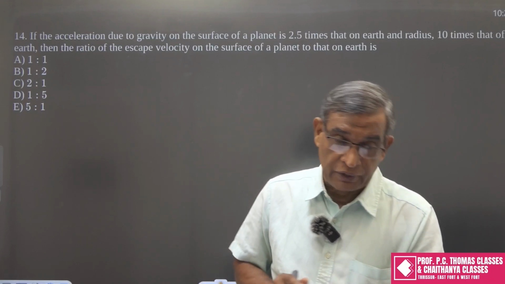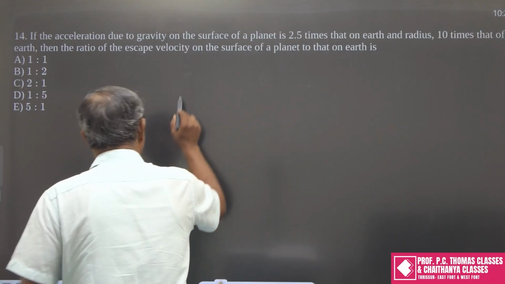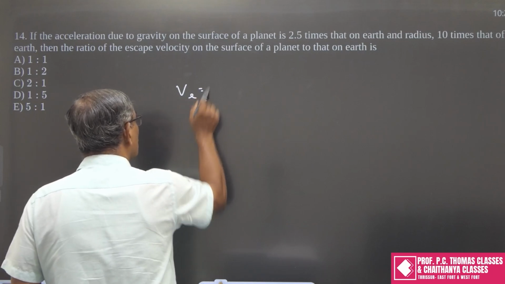From the surface of Earth, the escape speed is given by V equals root of 2Rg.